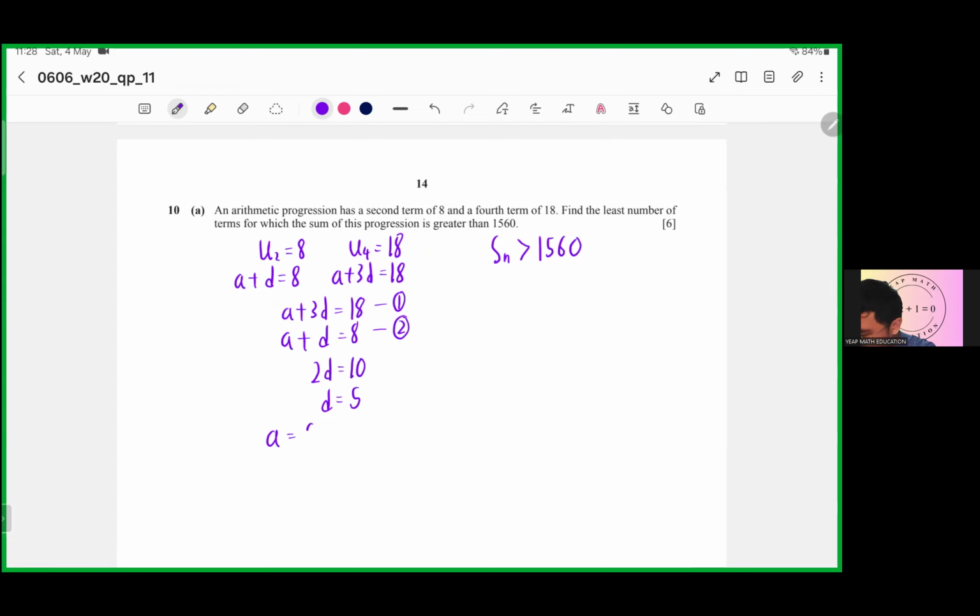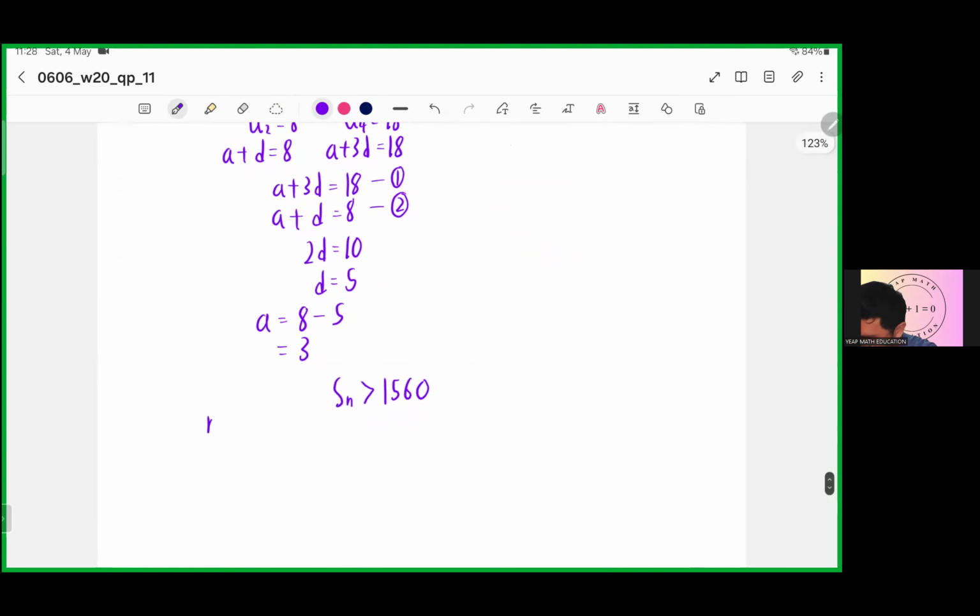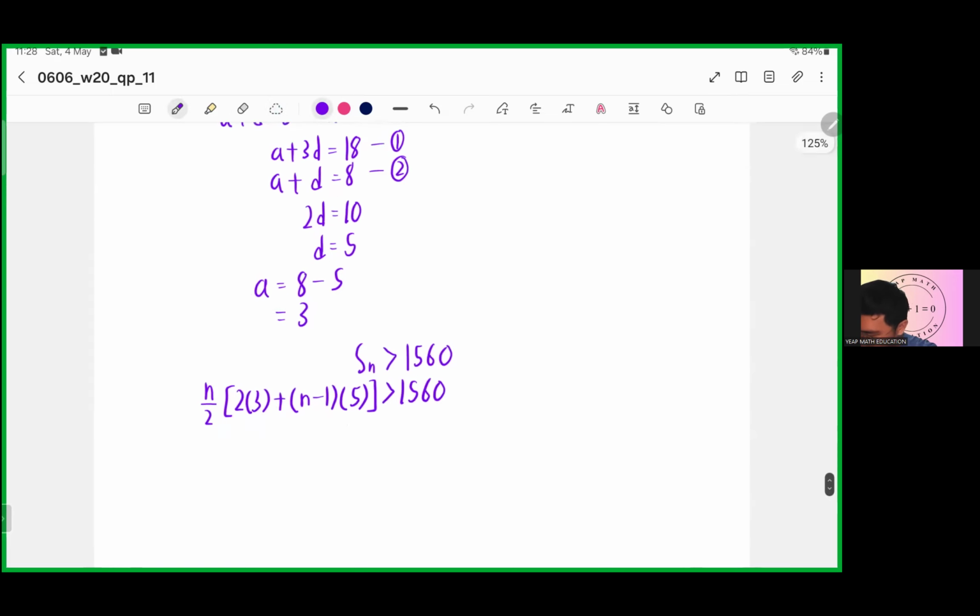After that we can find 8 minus 5 equals 3. Then n over 2 times (2 times 3 plus (n minus 1) times 5) is more than 1516. Okay, n over 2 times (6 plus 5n minus 5), more than 1516.